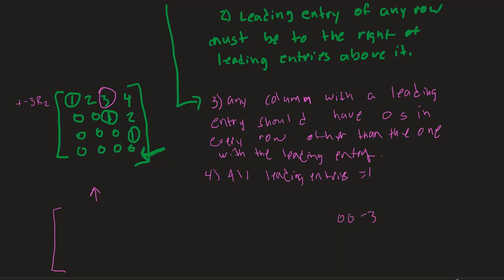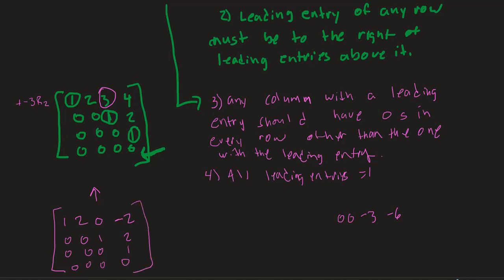So if I multiply row 2 by -3 and I add that to row 1, I will get 1, 2, 0, and then -6 plus 4 is -2, and then 0, 0, 1, 2. Oh, and then I have another problem, 0, 0, 0, 1, and 0, 0, 0, 0.